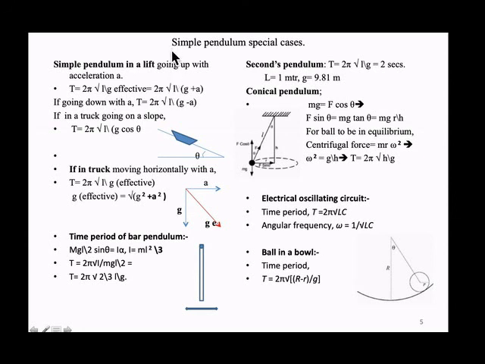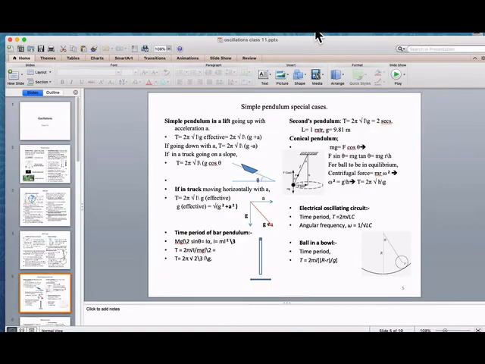When the lift is going up with acceleration a, g effective is g plus a. So 2 pi root L by g plus a will be the time period for a simple pendulum in a lift. Same thing if the lift is going down: 2 pi root L by g minus a.